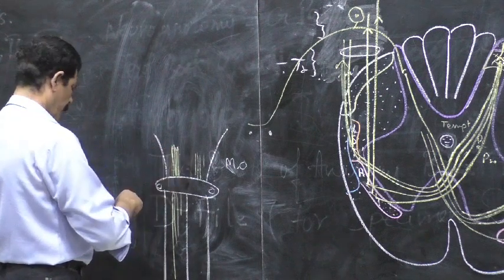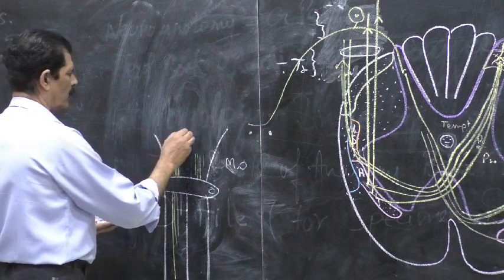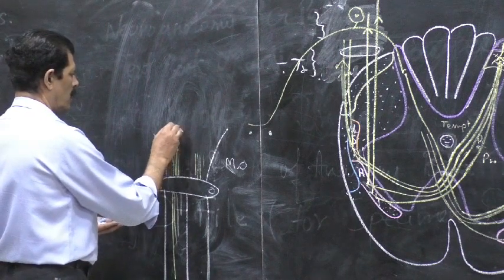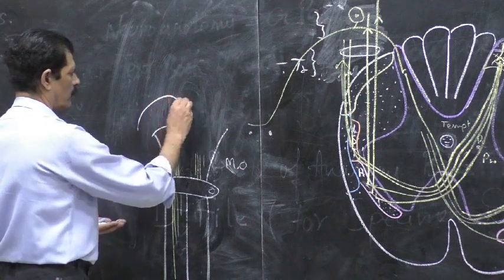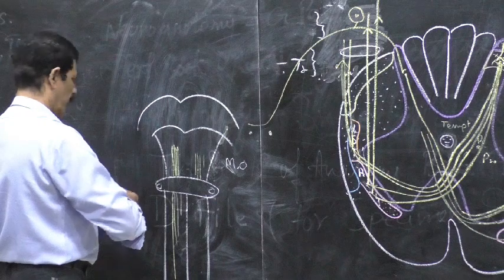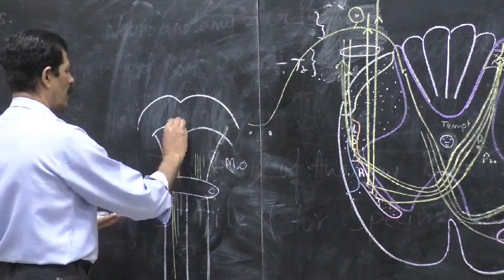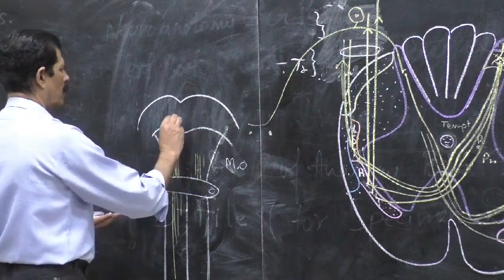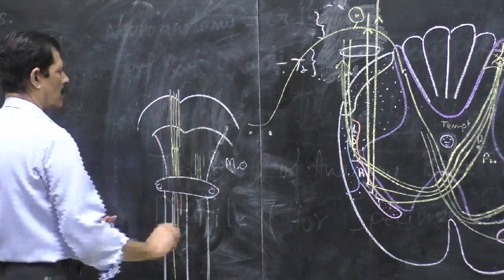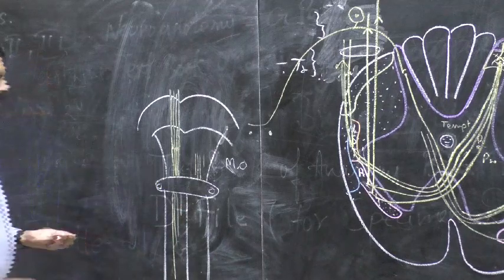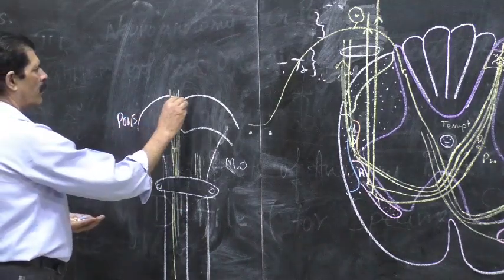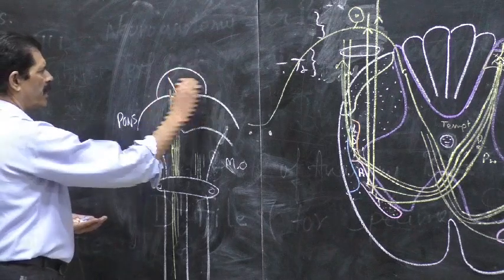From the medulla, they go next to the pons. They enter into the pons. And next to the pons, they go into the midbrain.